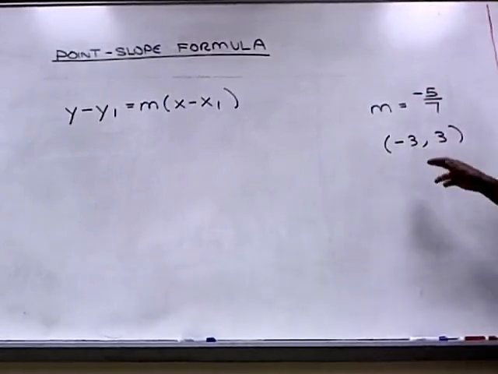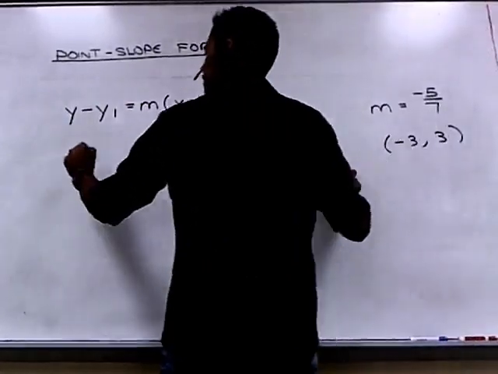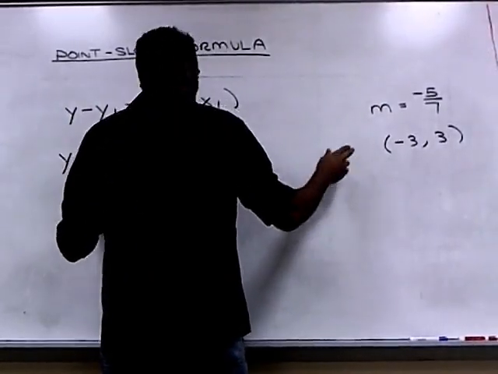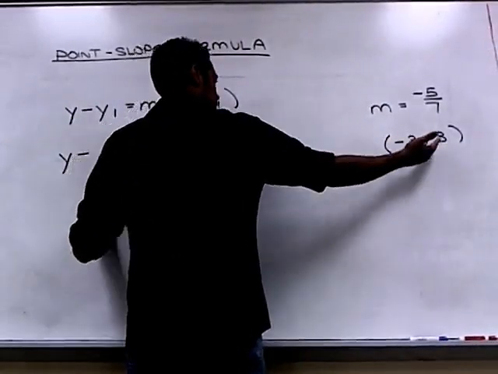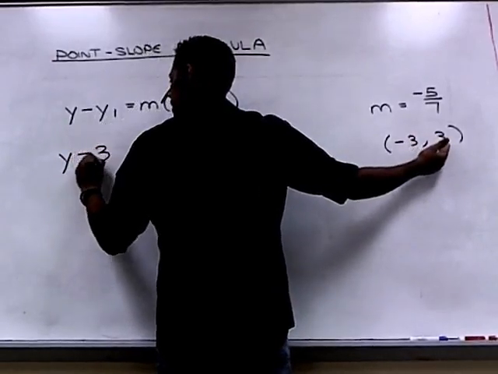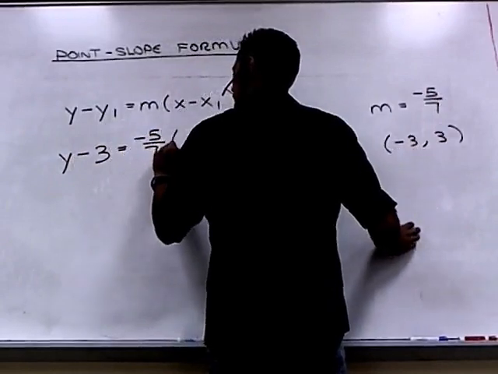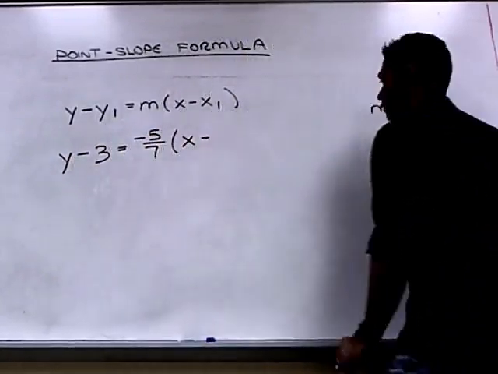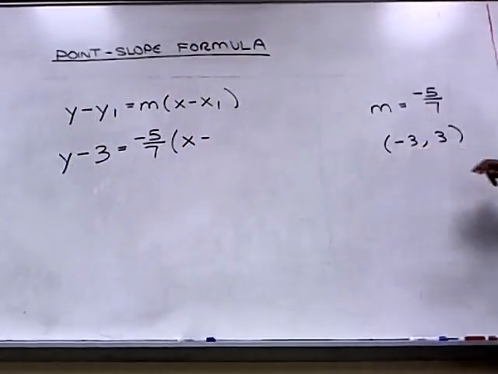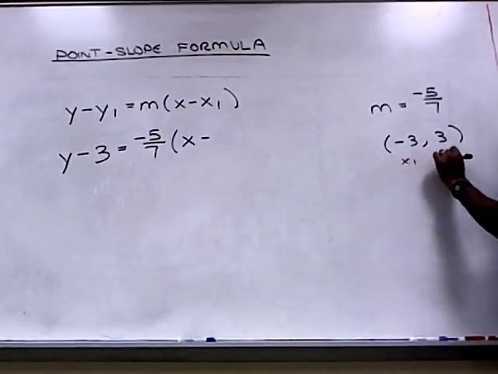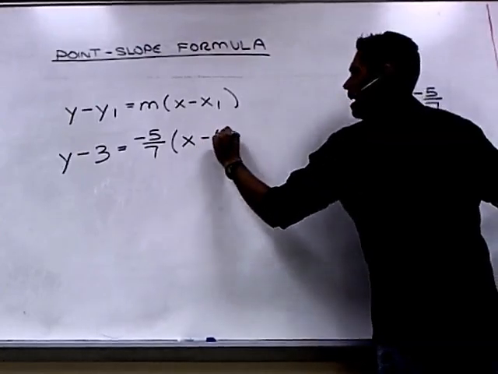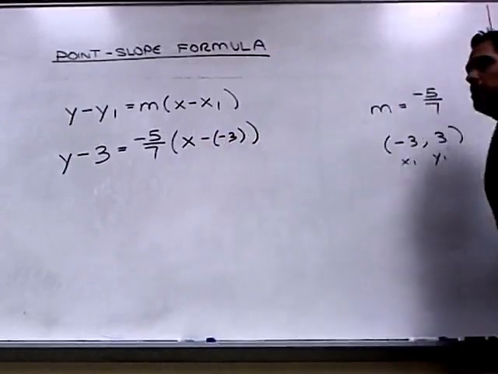Let's see what happens. So I'm going to rewrite everything here. It's y minus, what's y1 for me here? It's 3 equals m, which is still -5/7, and then x minus what? -3. So I'm going to have to subtract a negative, which is going to turn it to a plus, isn't it?